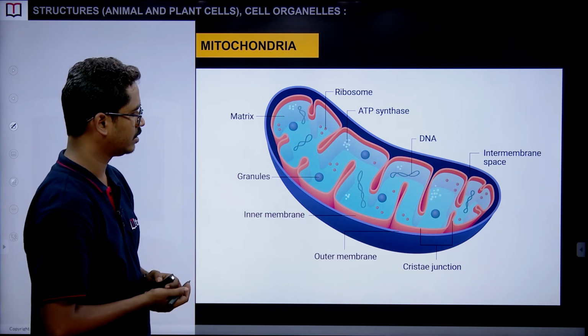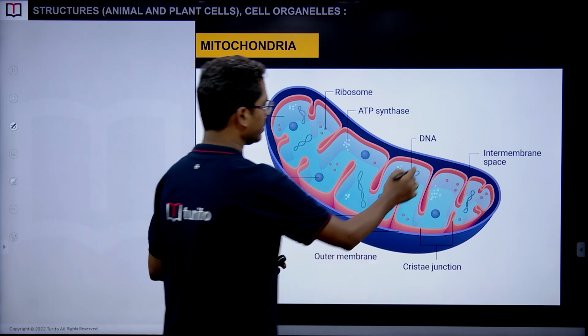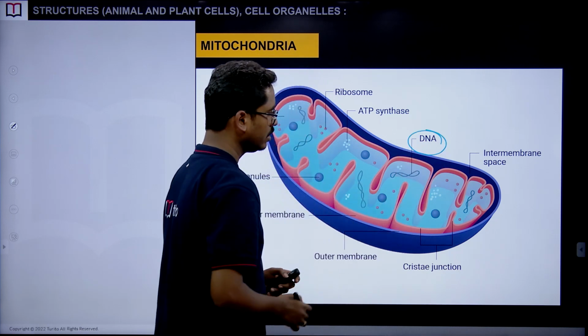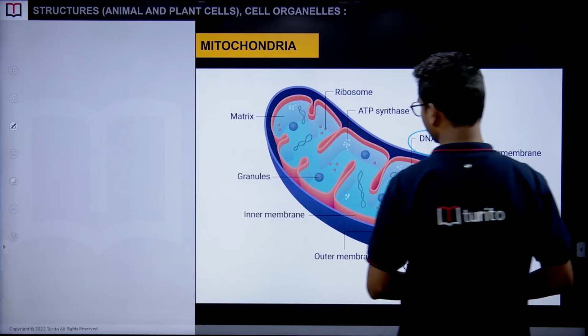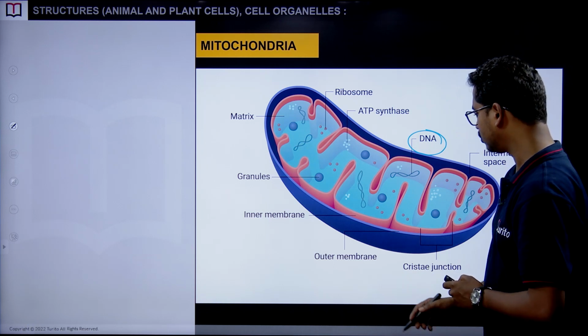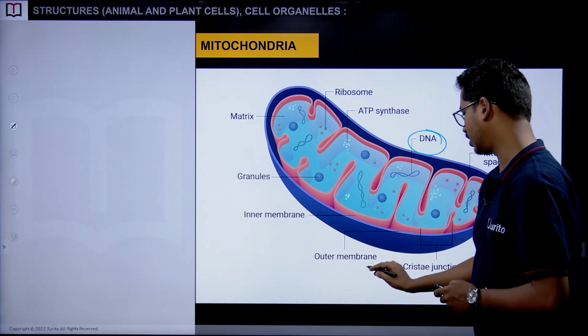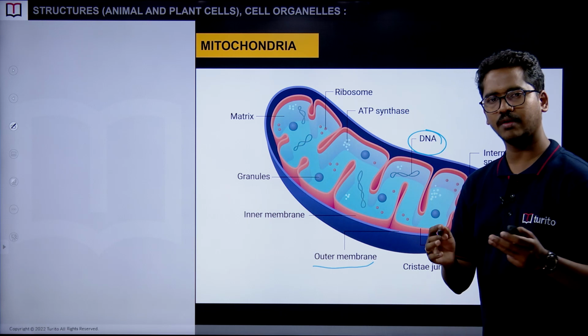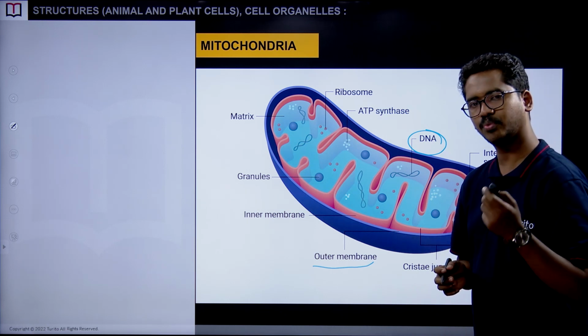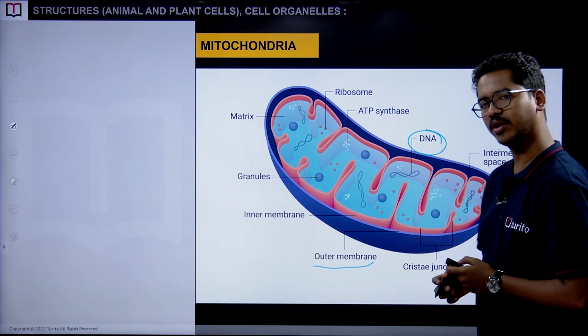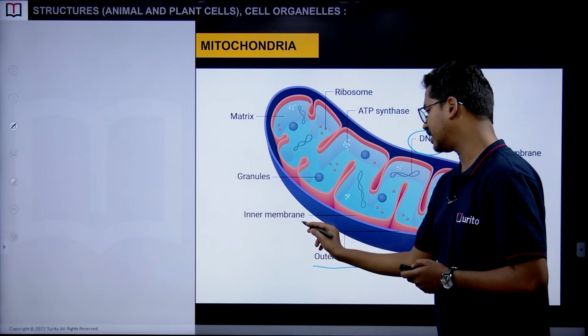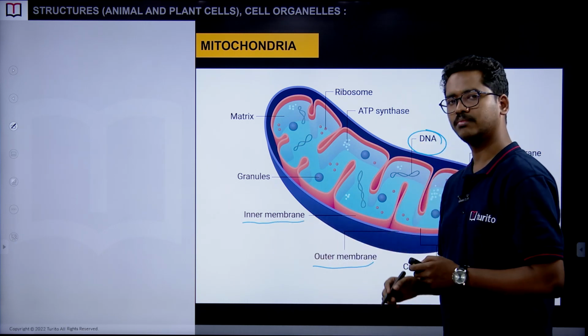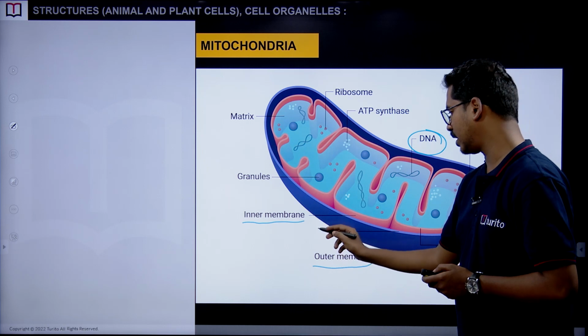Like I said, it has its own DNA, and if you see, there are two membranes. One is the outer membrane, the one having the openings, the pores on its surface, and it is quite smooth compared to the inner membrane. Between the inner membrane and the outer membrane there lies a space.